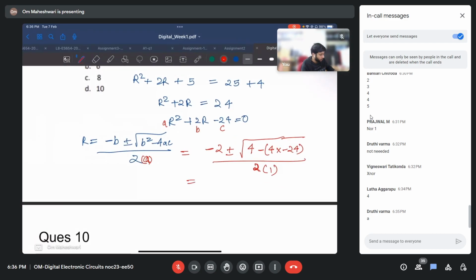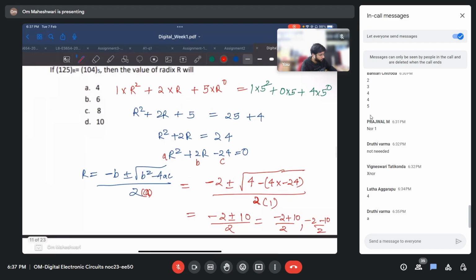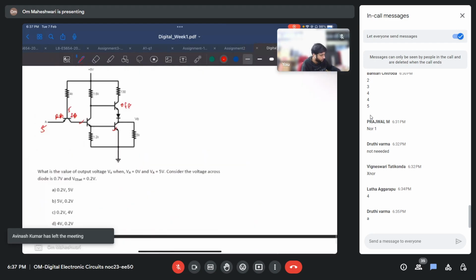Will give me minus 2 plus minus under root 100, so I'll just write it as 10, 10 by 2. It will be minus 2 plus 10 by 2 and minus 2 minus 10 by 2.